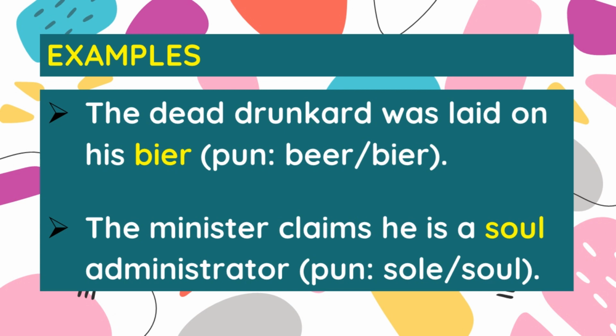Now the pun there is beer, which is the drink, and the bier, a platform or stand where a body or coffin is being placed. The minister claims he is a sole administrator. The pun there is sole as in only and soul as in part of you.